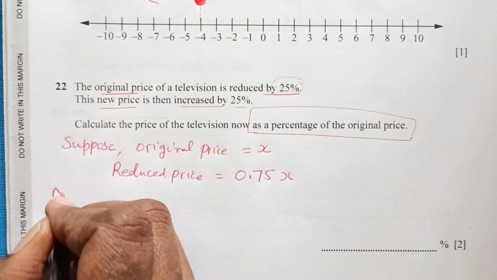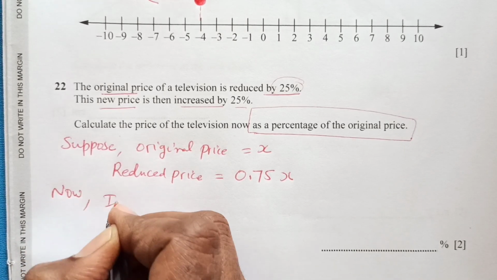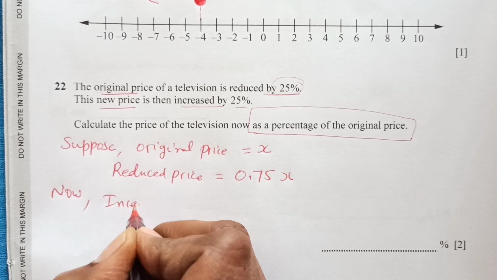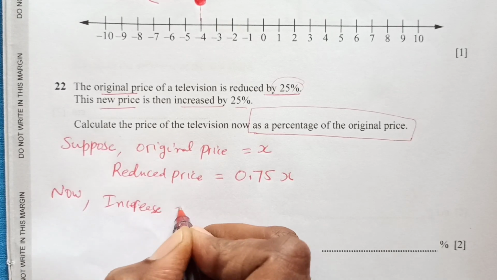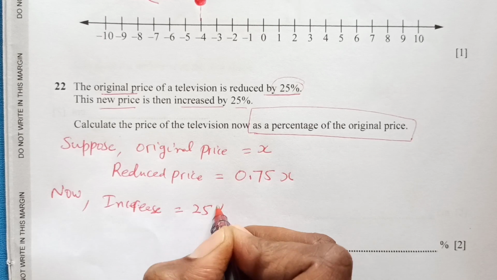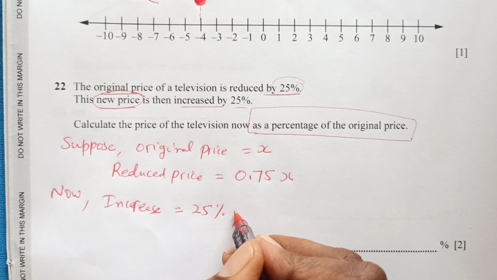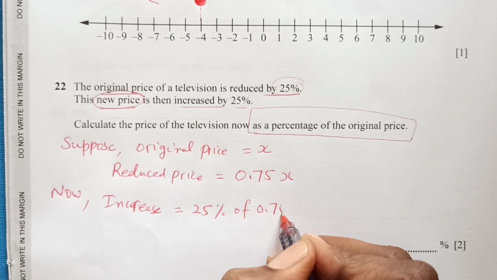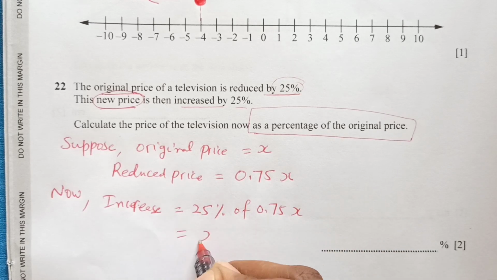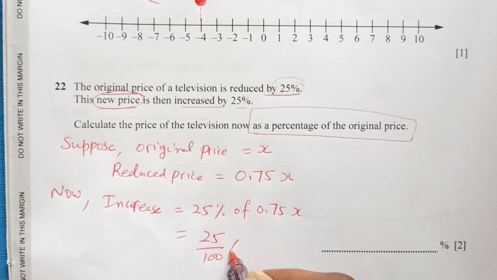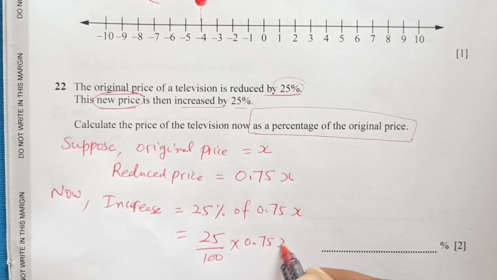So after that, now what do we need? We need the increase. The new price is increased by 25% of 0.75x. So it is 25 over 100 times 0.75x.